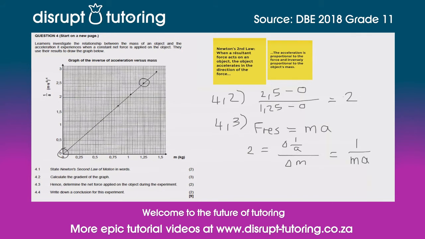We know that ma from up here is equal to the resultant force. So that means that 2 is equal to 1 over the resultant force, so the resultant force is equal to 0.5 newtons.